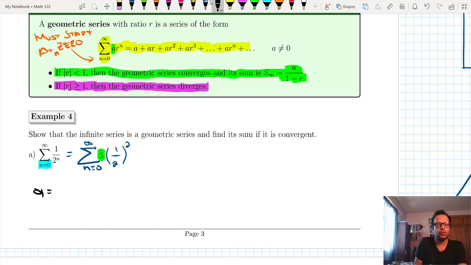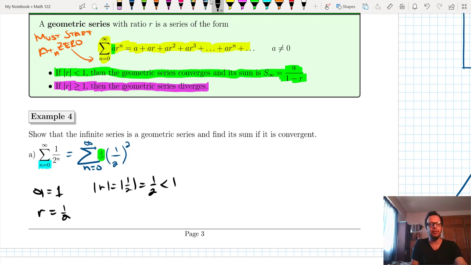which means in this case that a equals 1 and r equals 1/2. So we need to determine whether the absolute value of r, in this case the absolute value of 1/2, which is 1/2, is less than 1 or greater than or equal to 1. Well, it's a fraction, so it should be less than 1.